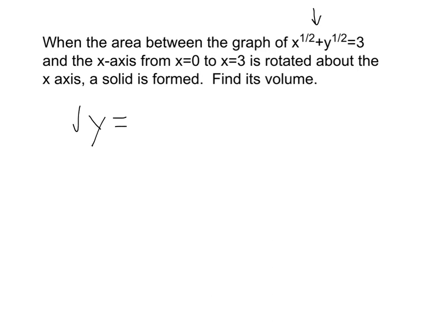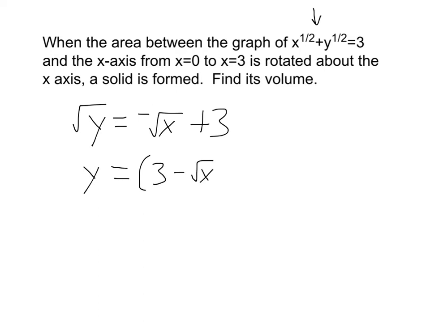Let's see, y to the 1/2 equals negative x to the 1/2 plus 3, which means y is going to equal, I'm going to write it as, (3 minus the square root of x) squared. So the height of my curve is always going to equal this thing.